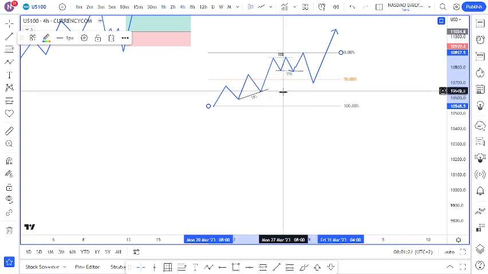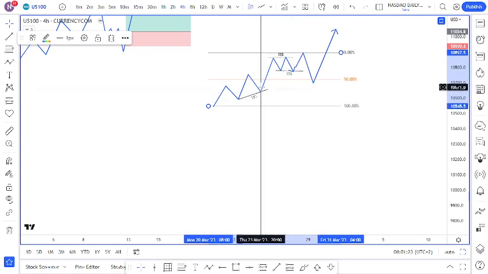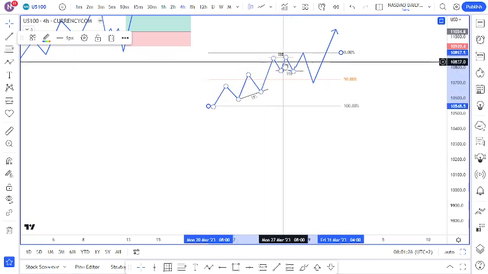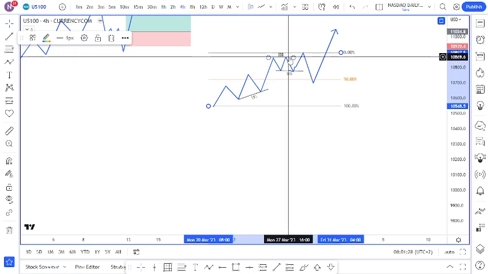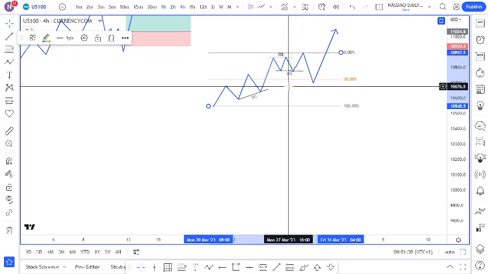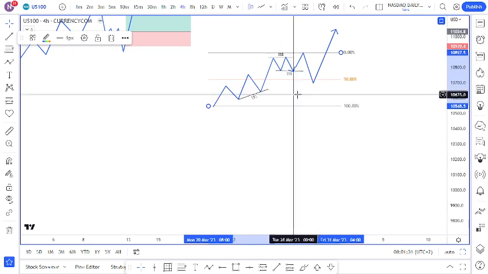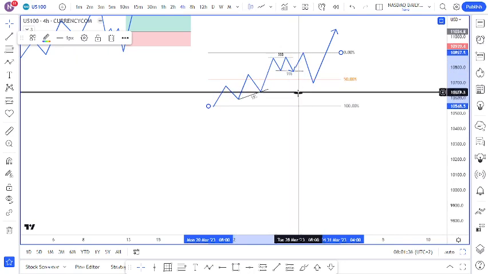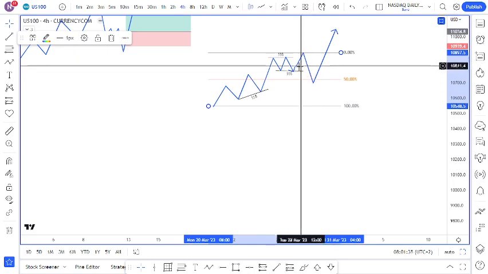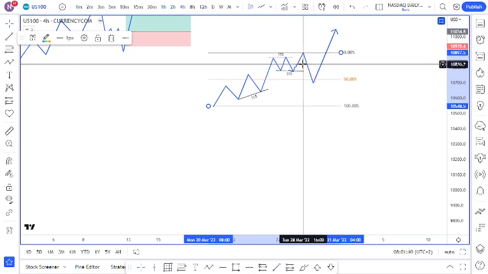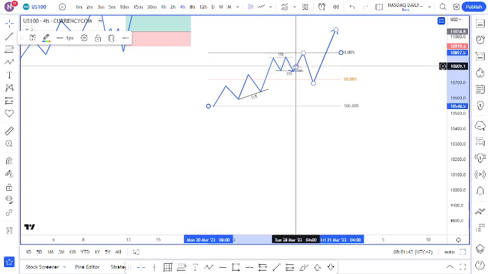Below 50%, this is a discounted level. If you are bullish, you ideally want to buy below the 50%, in some kind of a region below the 50%, because then you're buying low, you're buying at a discounted price. Whereas when price is at a premium, it's high, and you shouldn't really be buying at a high price.